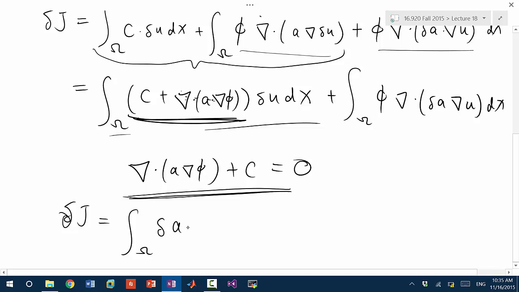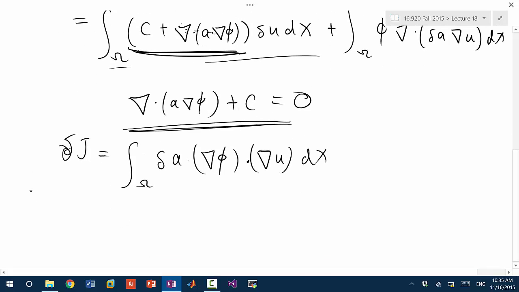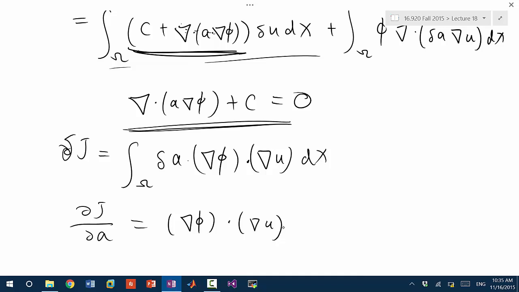We can get delta A times grad of phi dot product with grad of U dx. And I can declare partial J partial A as grad phi dot grad U. That's going to be a function defined everywhere. And that tells me the sensitivity of the objective function with respect to a small perturbation in the conductivity field or permeability field, whatever A is in the physical setting, everywhere. Right?